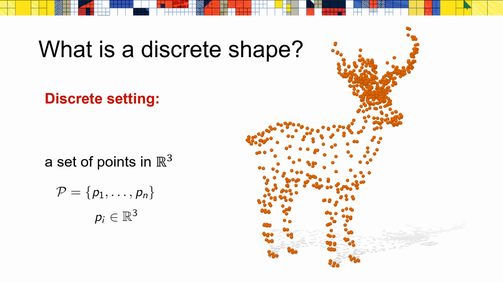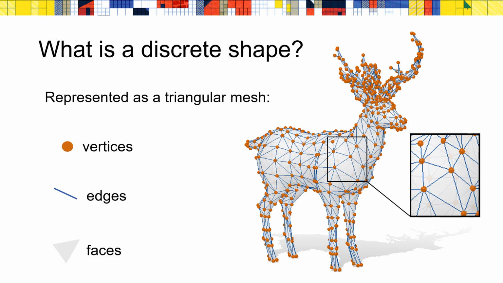In the discrete setting, a shape is represented by a collection of points in the 3D space, in this case n points, and in geometry processing, shapes are usually represented as polygonal meshes. In this lecture, we will only consider triangular meshes, where all the points in the 3D space are the vertices of this mesh, and these vertices are connected by edges, and these edges compose a set of faces, and all these faces are triangles in our case.